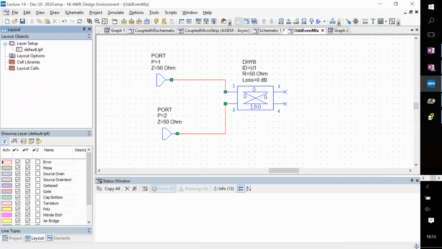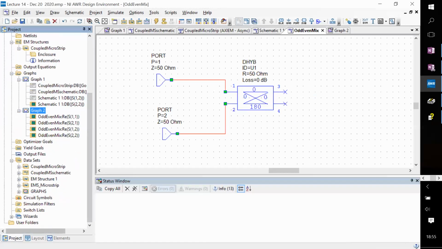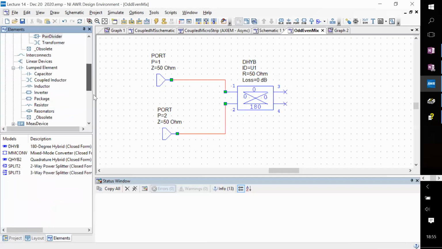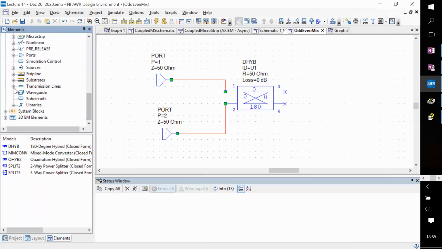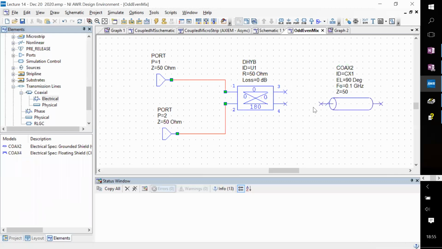You could do something else, for example, where you put a section of transmission line on one of them. Okay, let's make this 90 degrees at 6 gigahertz.